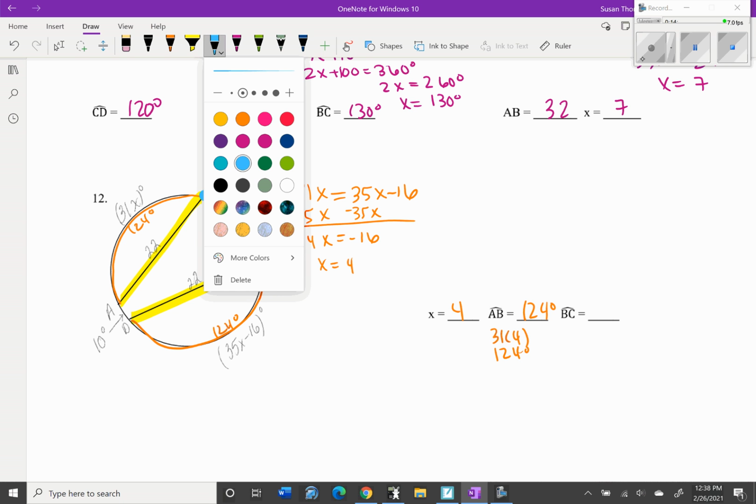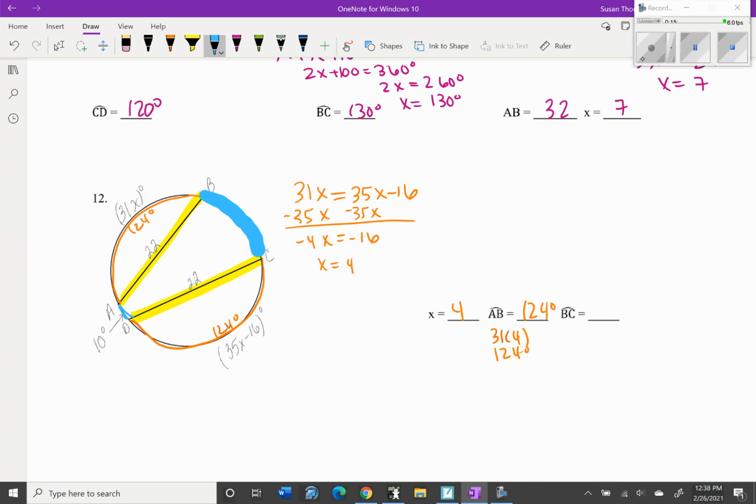So if I want to find that, and I know this arc here is 10 degrees, we know the entire circle has to add up to 360 degrees. So that means that BC's arc is equal to 360 degrees minus 124 degrees twice, because we have arc BA and DC, minus 10 degrees. So that gives us 102 degrees.